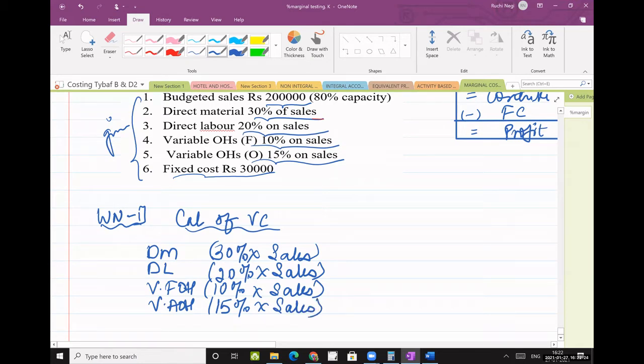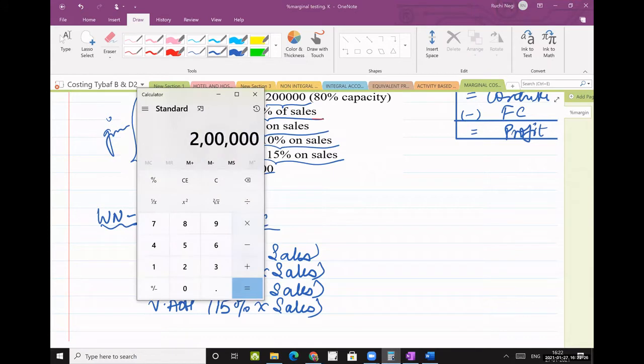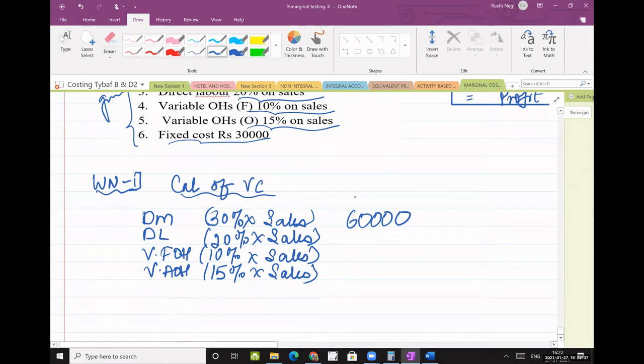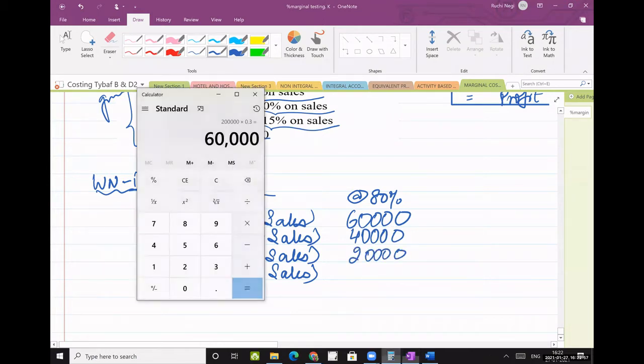So how much is sales? 2 lakhs. Fine. So 30% of 2 lakhs is how much? 60,000. So write here 60. This variable cost is at 80%, don't forget that. Next, 20% of 2 lakhs is 40,000. 10% of 2 lakhs is 20,000. 15% of 2 lakhs is, I guess, 30,000, right?